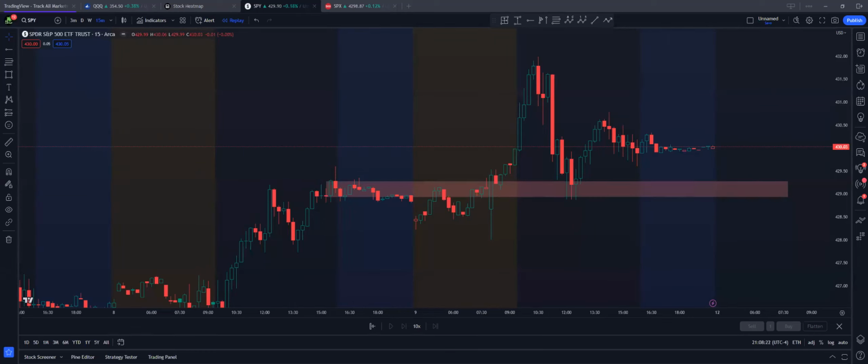You're looking for those even numbers because they're easy to remember for retail and algorithms love them. Easy number, 429. Now the market makers knew where to take the price. They wanted to take the price under 429 to stop people out. They did that, bam, there's your reversal candle, longs in play. Market moves up.